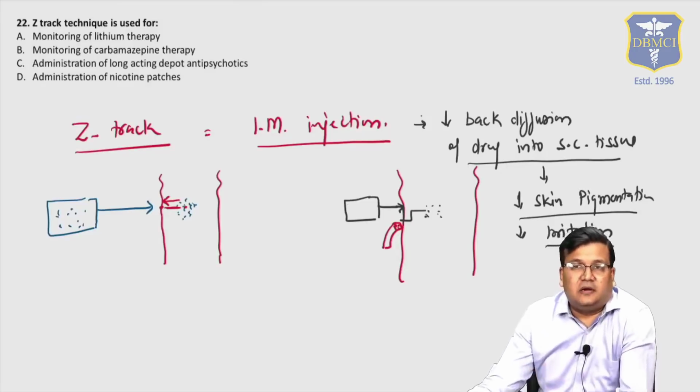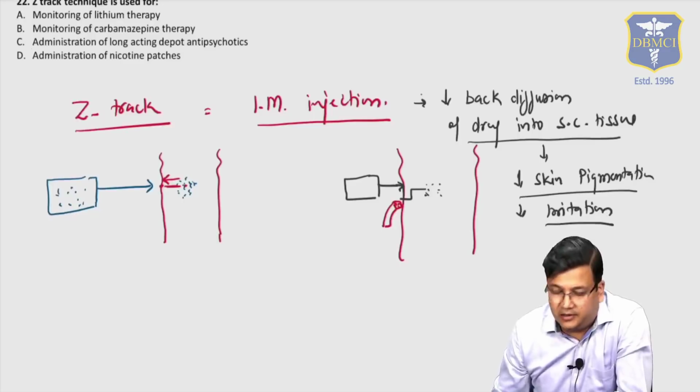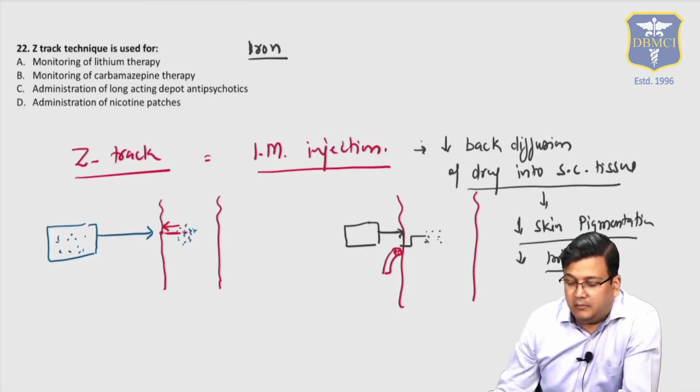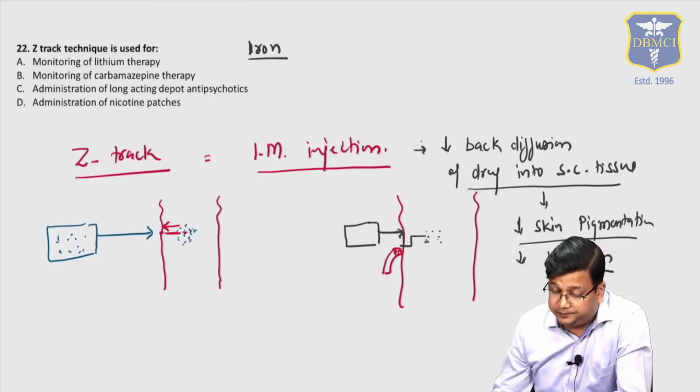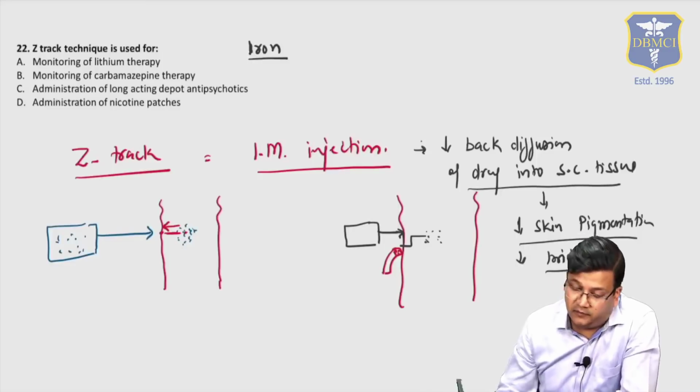So this is an intramuscular injection technique, can be given for any intramuscular drug. Commonly it is used for intramuscular or parenteral iron preparation, but if we look at the options, iron is not given. So let's take options one by one.